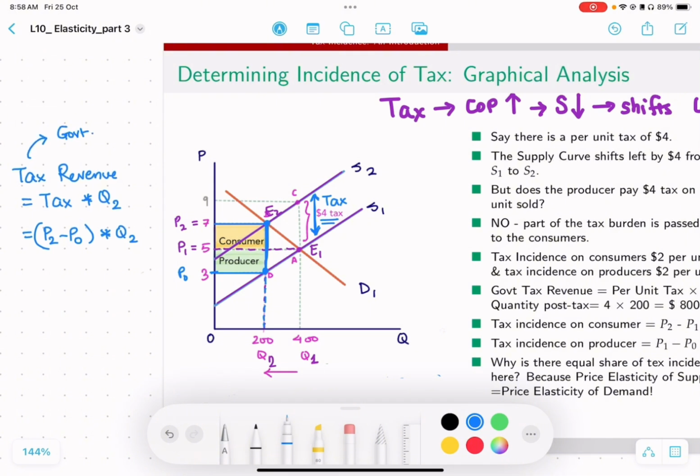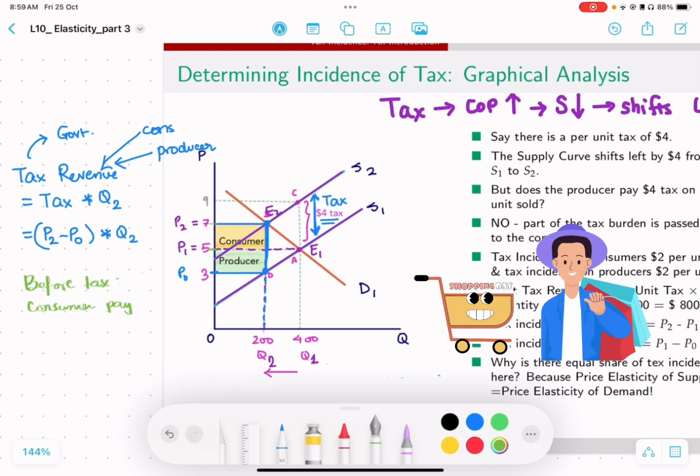That's the total amount of tax revenue going to the government. Now this tax revenue, part of it is being paid by the consumer, while another part is being paid by the producer. That's the consumer burden of tax and the producer burden of tax. So the question is, what share does the consumer pay and what share does the producer pay? There's a very easy way to figure it out graphically. Before tax, per unit, the consumer was paying $5. After tax, the consumer is paying $7.